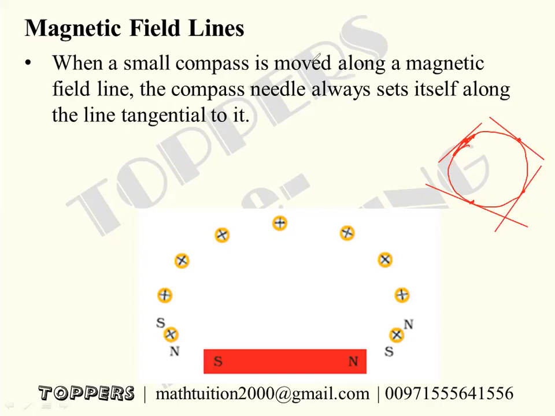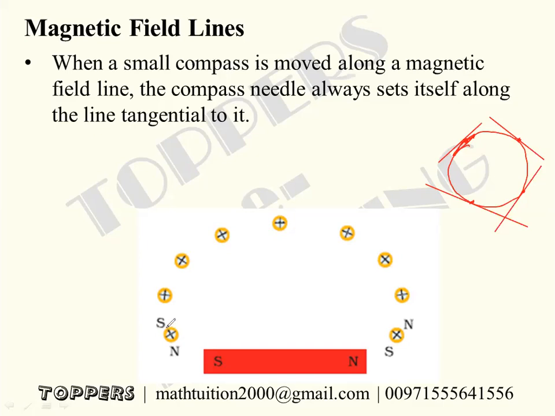So when a small compass is moved along a magnetic field line, the compass needle always sets itself along the line tangential to it. Here we have a bar magnet, and we are using a small compass. This circle indicates a compass. One side is north, the other side is south.